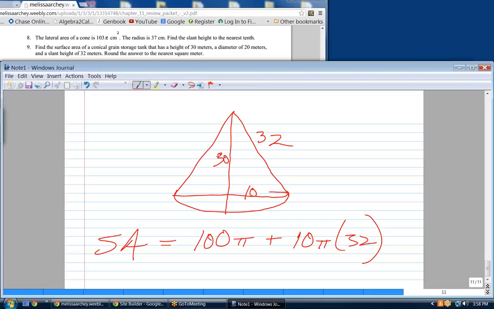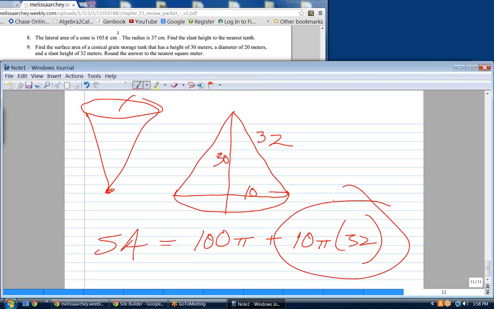Because if there's no base, in other words, if this is an open tank where the grain goes in here and comes out a little hole here, then we're just talking lateral area, and it would be only this. As long as you understand the difference, that's the area of a base if there is one.